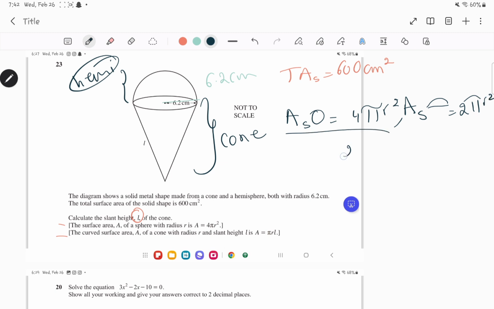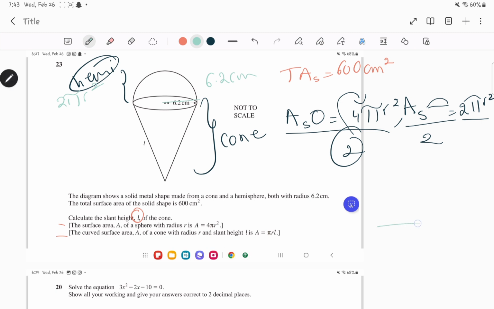Why is that? Because you are dividing it by 2, cutting it in half. You cut the general equation in half and you get 2 pi r squared. So now we have the surface area of the hemisphere, which is 2 pi r squared.